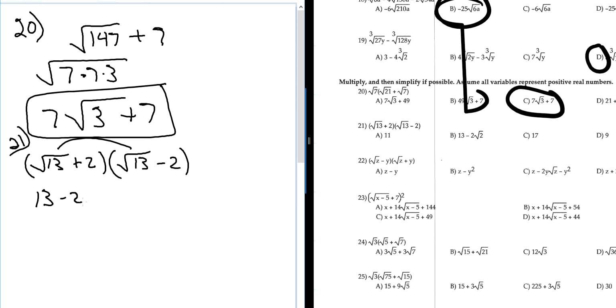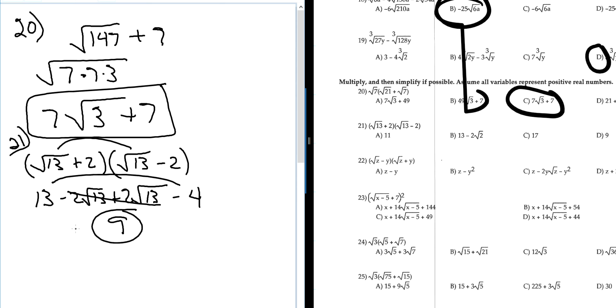Outside is negative 2 root 13 plus inside, which is positive 2 root 13, and last is minus 4. Okay, 2 middle terms cancel out, so I end up with 13 minus 4, which is 9. And looks like D for number 21.